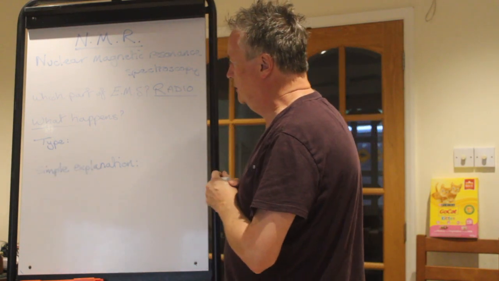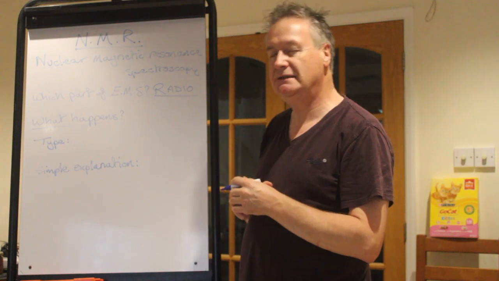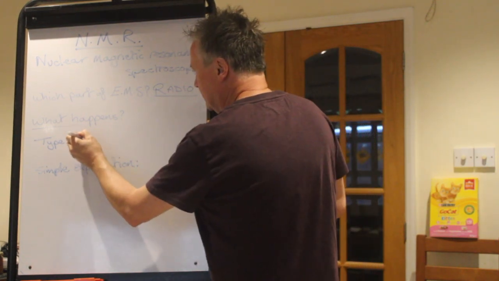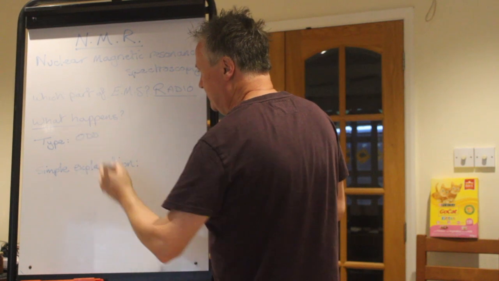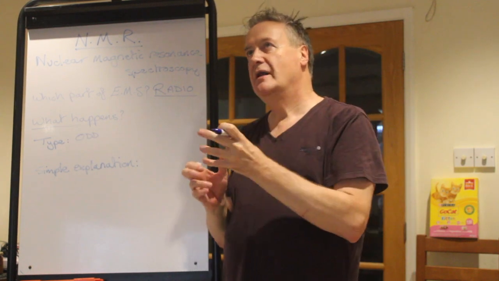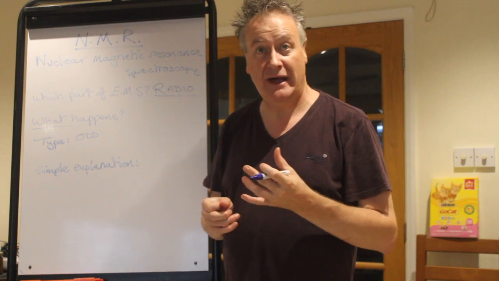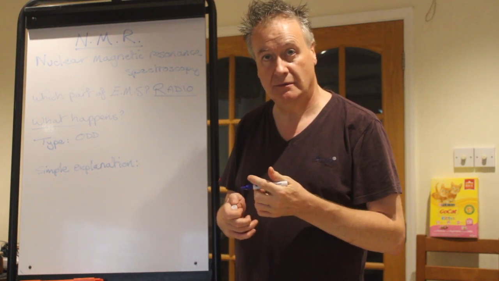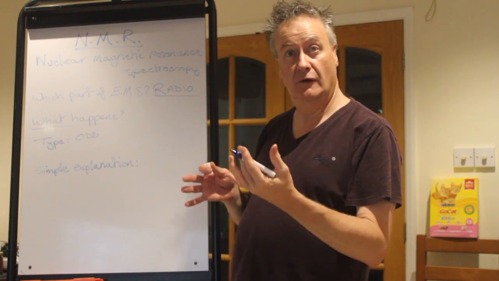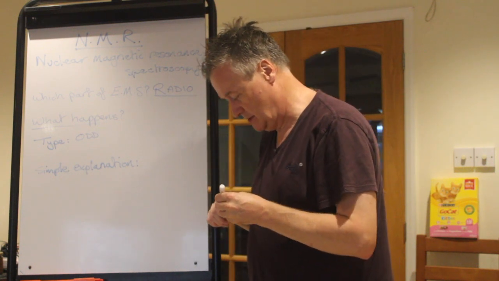So first of all, there's a nucleus type that does it, and the key thing is it has to be odd. Now that doesn't mean the RAM on the periodic table, because that's the weighted mean of all the various isotopes.